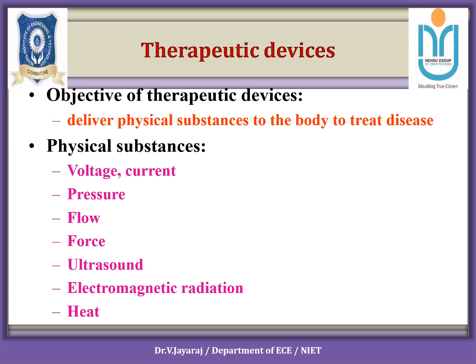Then if somebody is having sudden heart blockage, if there is an attack or if the heart is not working, nowadays they apply an electric shock. So how much voltage or current has to be given for it? Then if you take areas like ultrasound, for example, some people are affected by neural diseases.